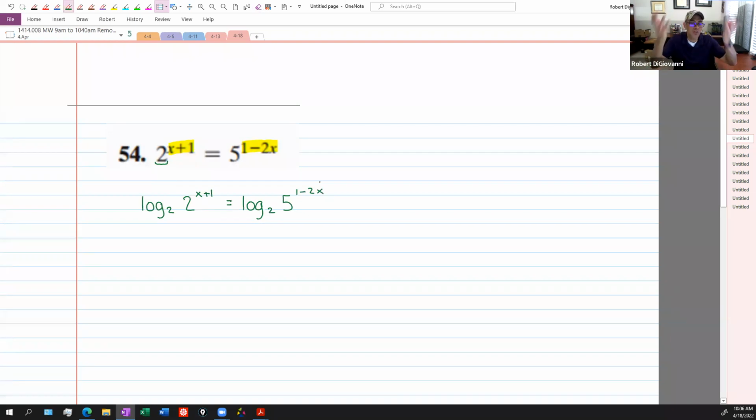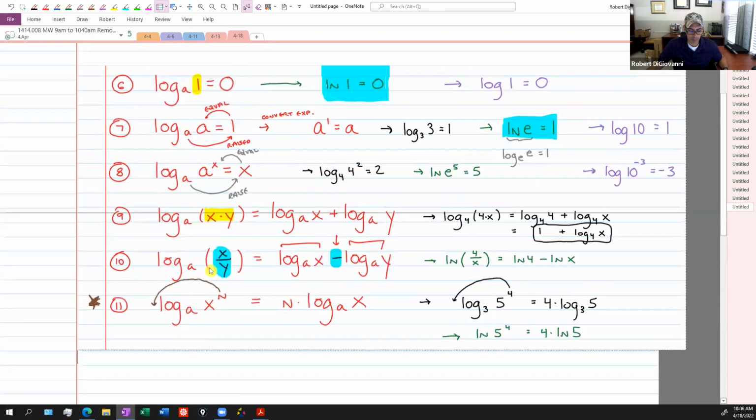So basically I took log base 2 on both sides of the equation, which I'm allowed to do. It's algebraically allowed. And what this comes down to, if you want to know why you're allowed to do that, it's that property 13 again.